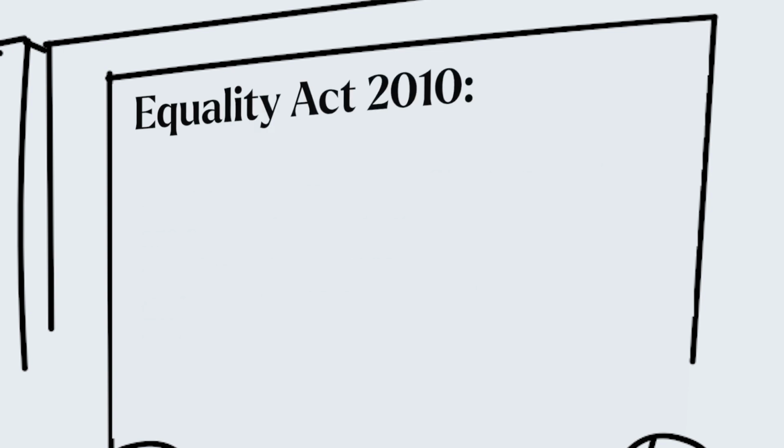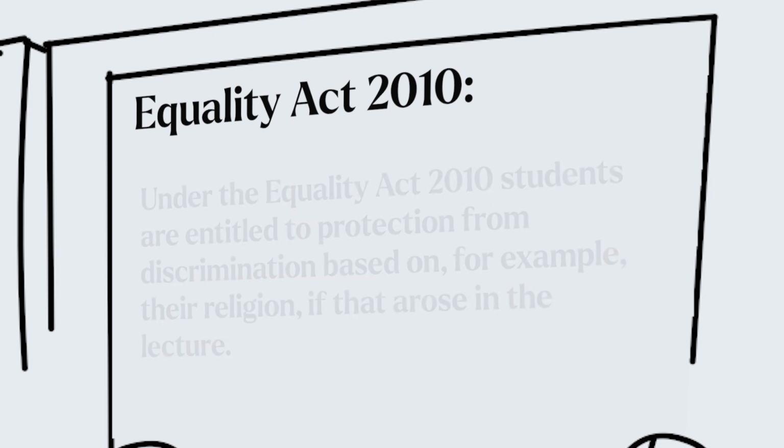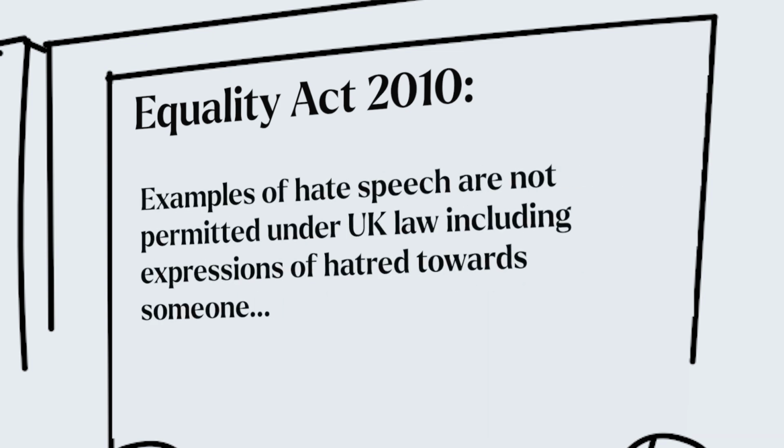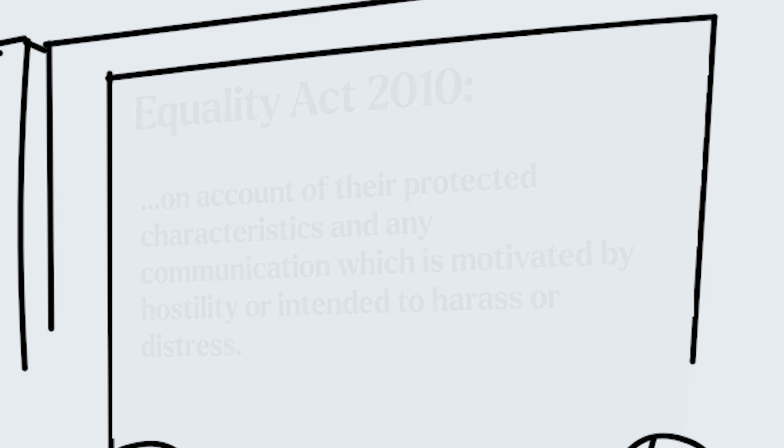Under the Equality Act 2010, students are entitled to protection from discrimination based on, for example, their religion, if that arose in the lecture. And examples of hate speech are not permitted under UK law, including expressions of hatred towards someone on account of their protected characteristics, and any communication which is motivated by hostility or intended to harass or distress.